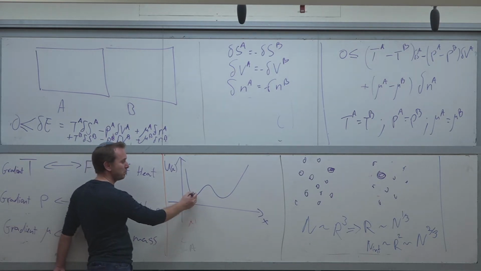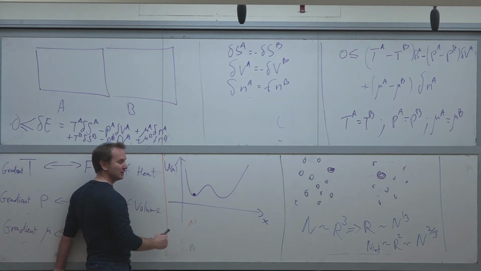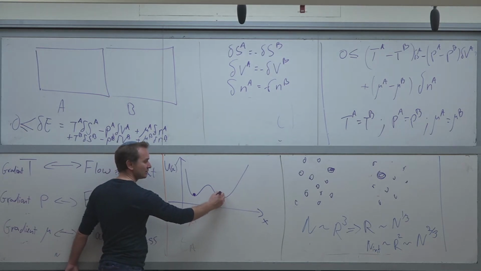If I put a ball in this position, if I change it a little bit, if I push it a little bit, it will come backwards and will start to oscillate around this minima. The same will happen over here, right?